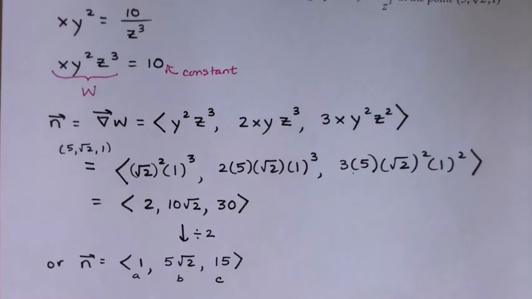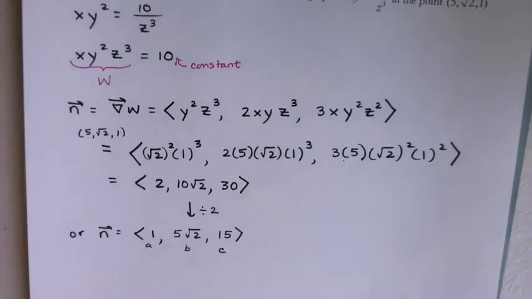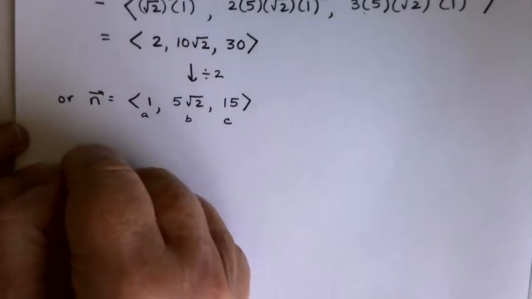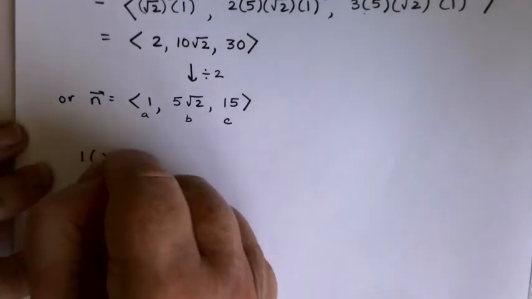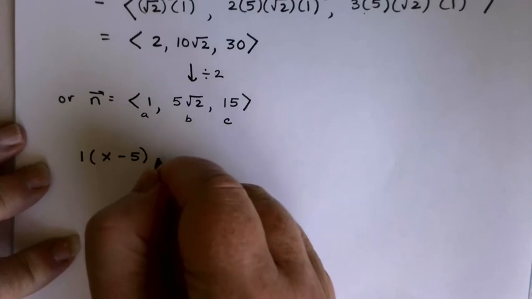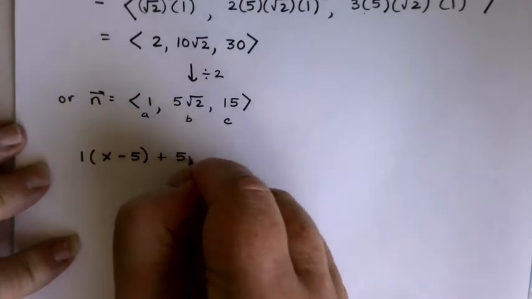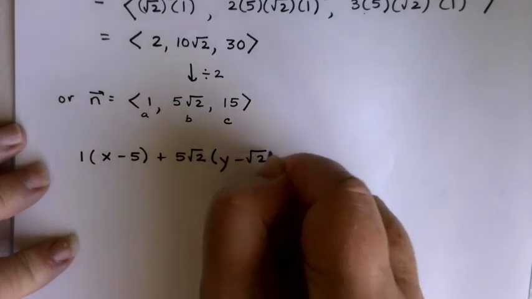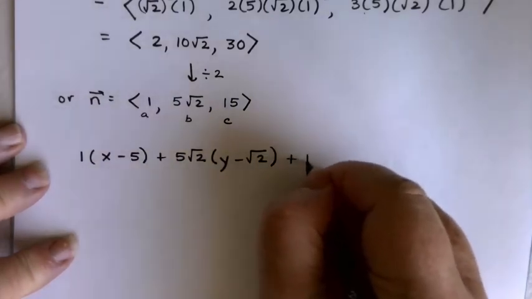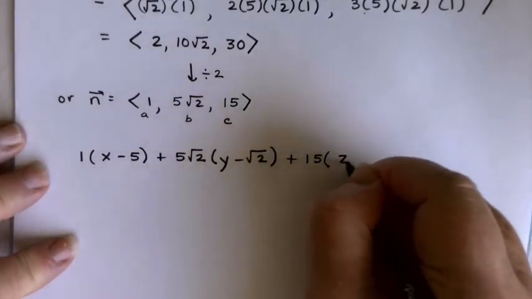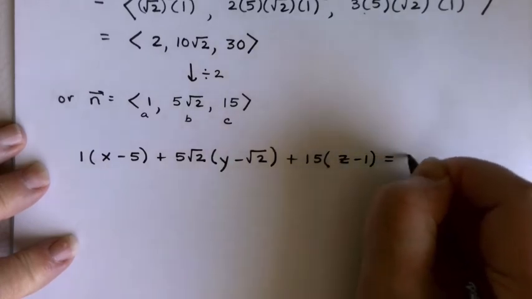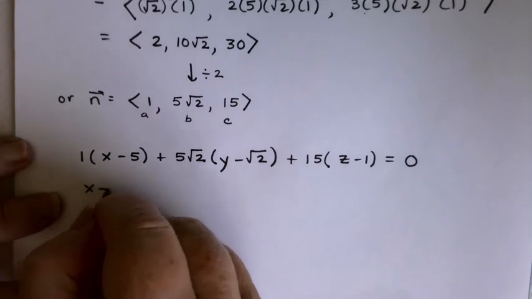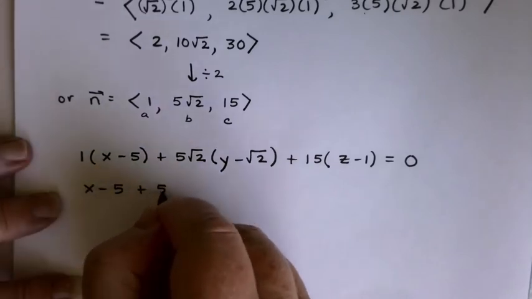So I've got everything I need to find the equation of my plane. Let's see, I would have 1 times x minus 5, plus 5 square root 2 times y minus the square root of 2, plus 15 times z minus 1, equals 0. And again, we'll run through a little bit of algebra here.